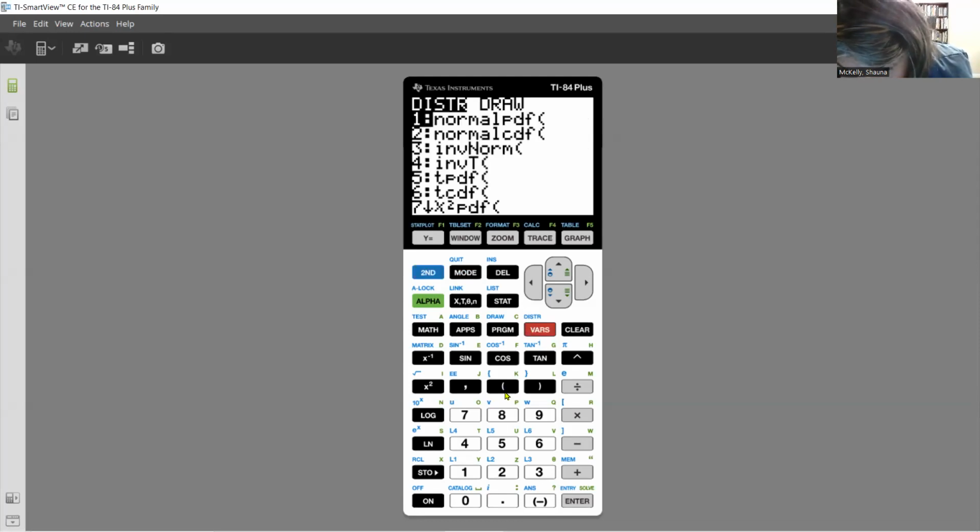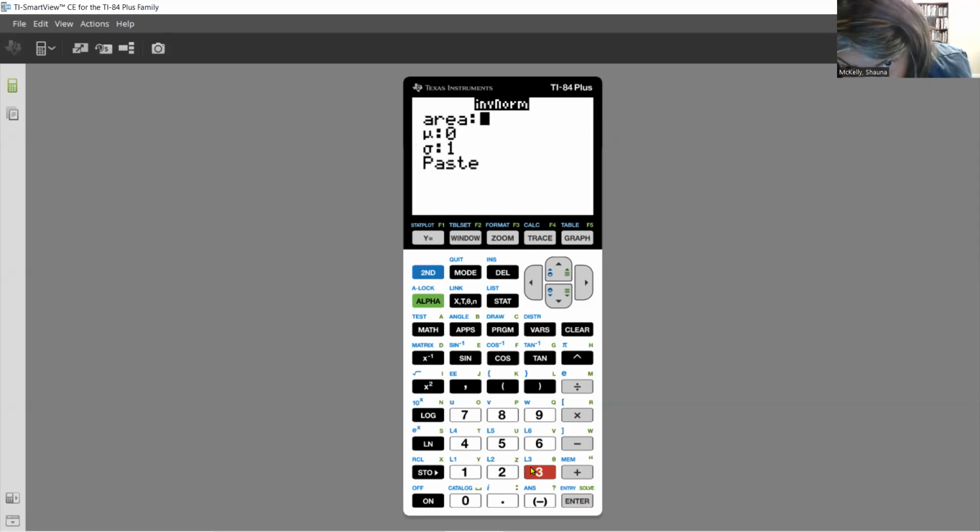Inverse norm should look very familiar. No special programs necessary. 1 minus 0.10. But we're dividing the 0.10 by 2. 0 and 1 is your mu and your sigma respectively.